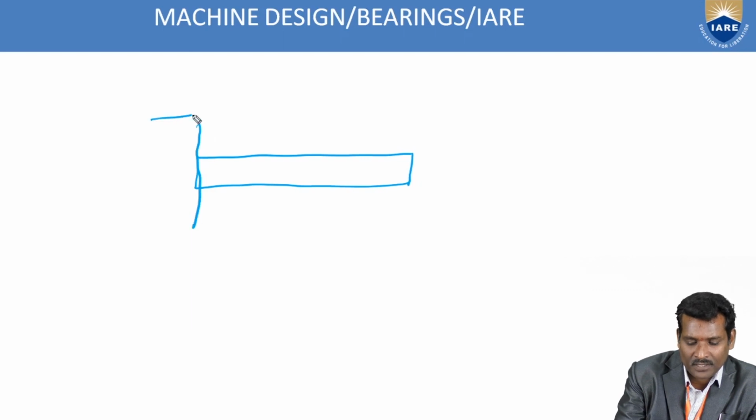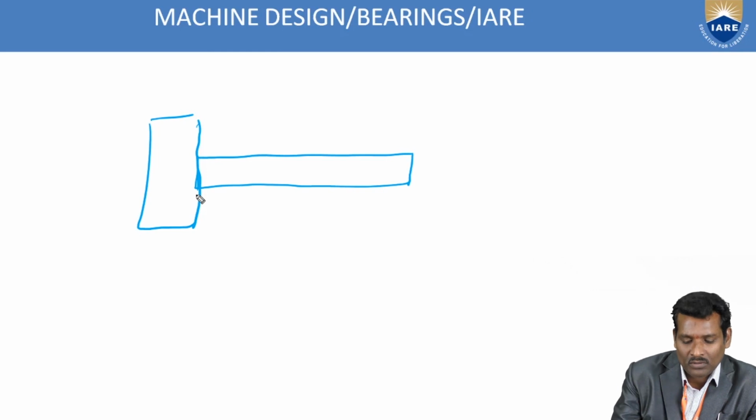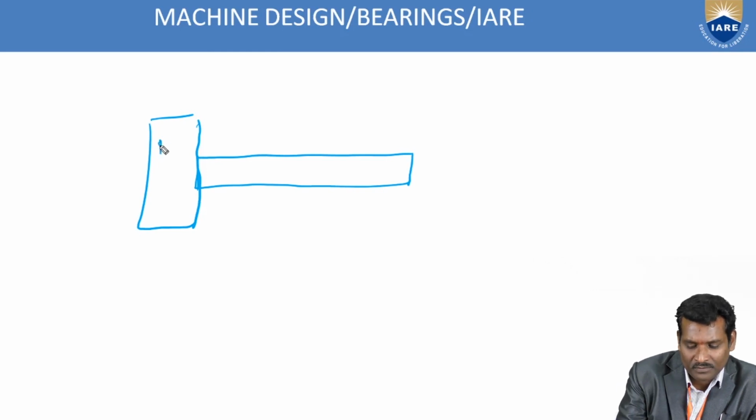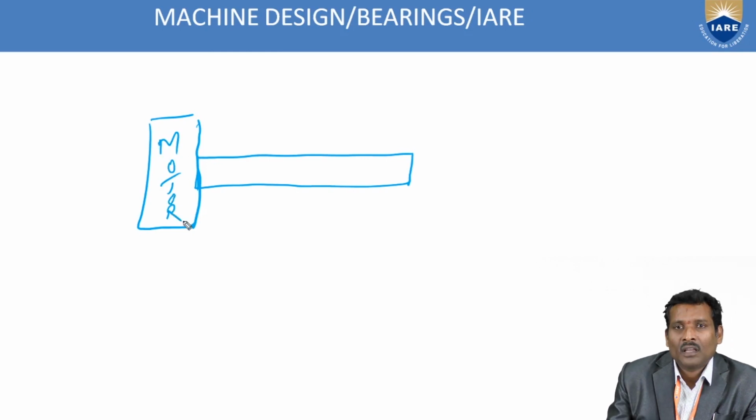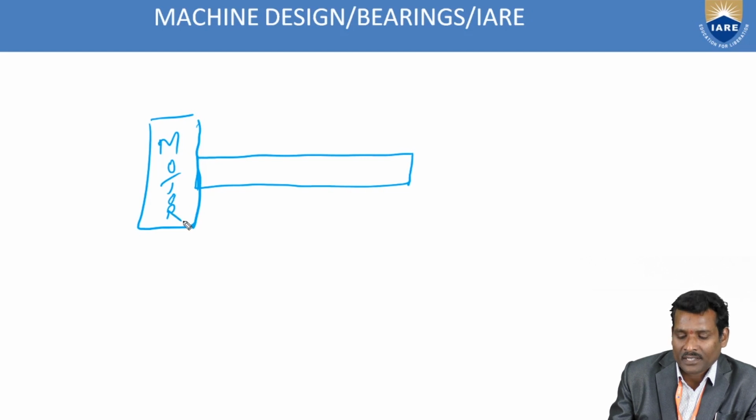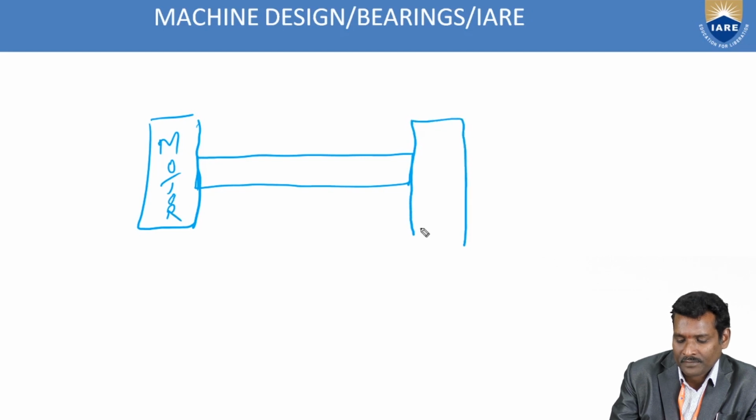One end will be connected to a motor, and the other end connected to the rotating machinery. This is a machine.